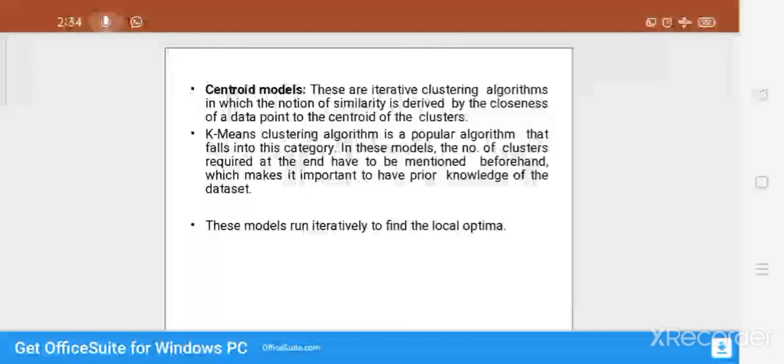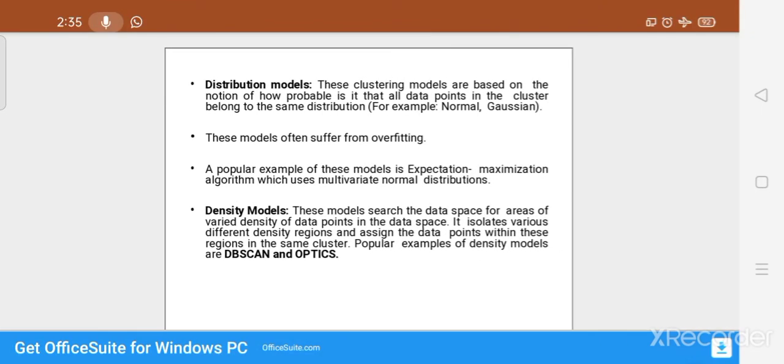The k-means clustering algorithm is a popular algorithm that falls into this strategy. In this model, the number of clusters required at the end has to be mentioned beforehand. How many clusters we want at the end, we have to define at the start. These models run iteratively to find the local optima.